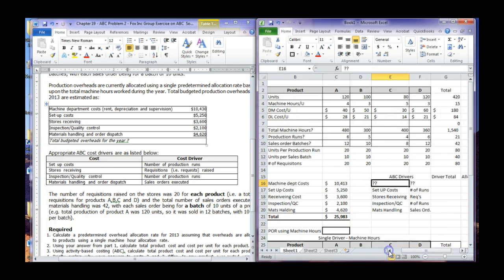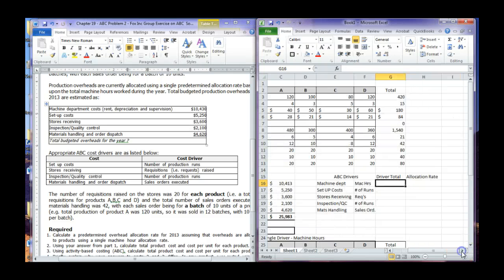And the other thing I didn't do, I also saved some room because I took the machine department costs and the setup costs. All right, so your setup driver here would be machine department, and we're going to do machine hours. Now your driver total, all I want to do is take the total number of machine hours.